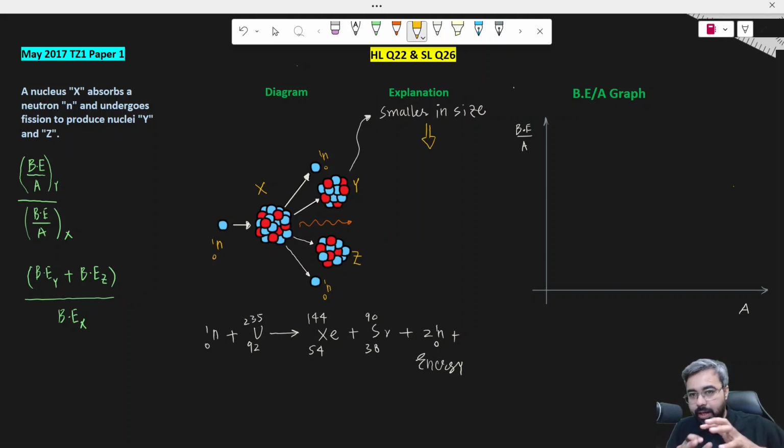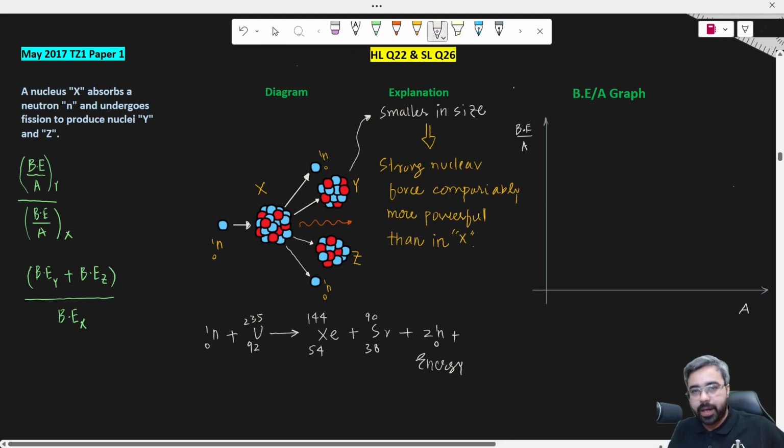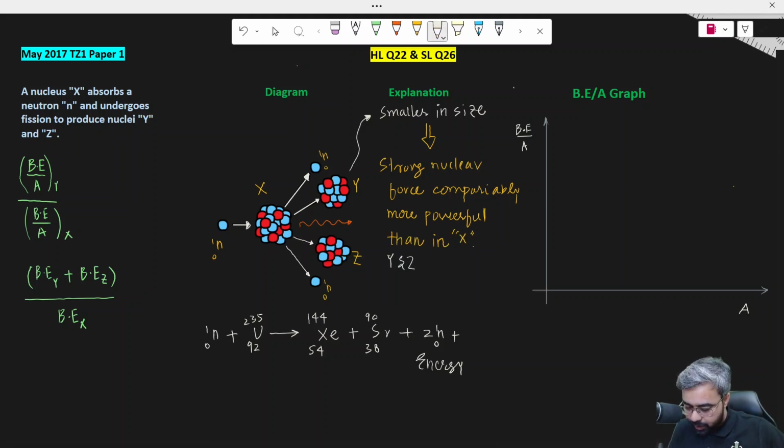It means that within those nuclides Y and Z, the strong nuclear force, the force which is responsible to bind the protons and neutrons and overcome the repulsion between the same charges, the protons, is comparably more dominant, more powerful than in X. So that's why we should say that Y and Z are more stable.